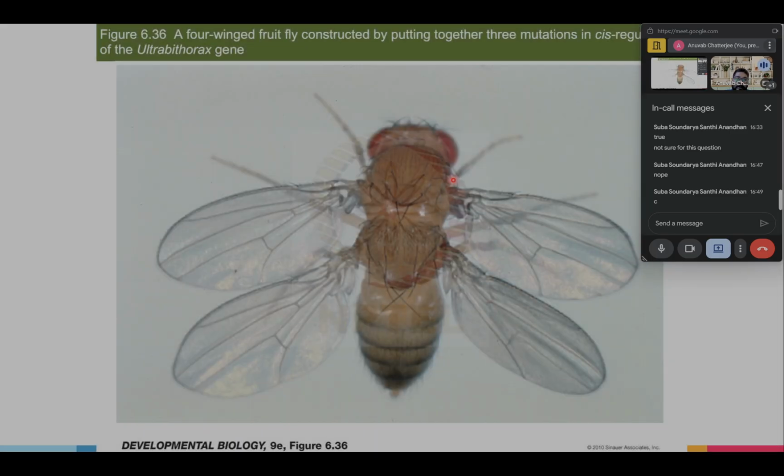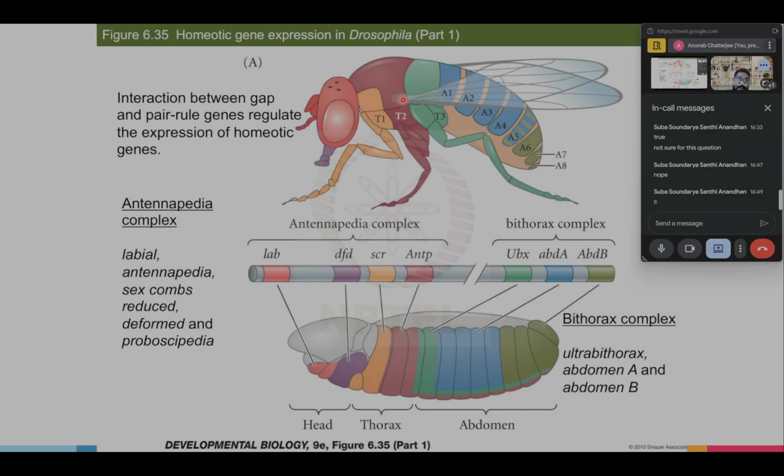But when you do a mutation, then interestingly the T3 takes the same appearance as T2. This actually is the same thing that happens with our giant mutant that we saw way back in case of pair rule genes. Essentially, T2 genes start expressing all the way to T3. So this entire region becomes T2.